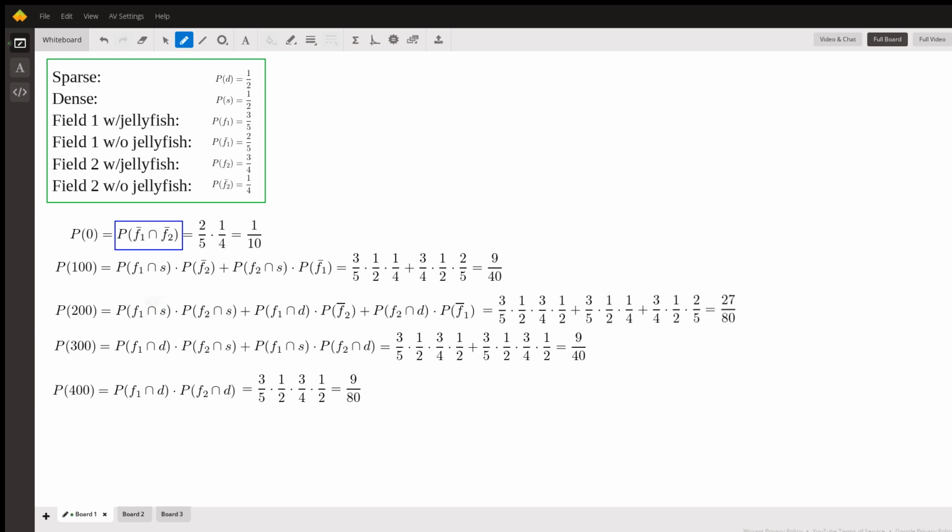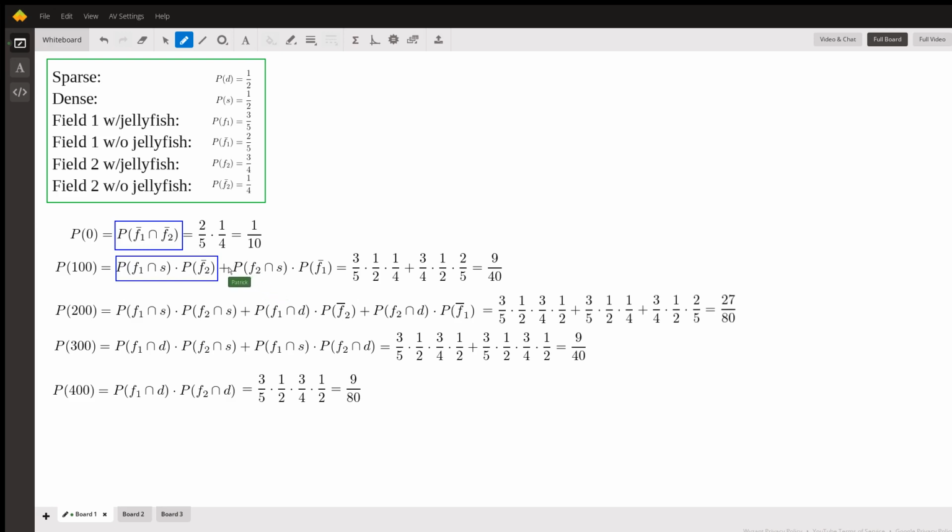Okay, how can we make 100? There's a couple different ways to make 100. If field 1 has jellyfish and it's sparsely populated, that would be 100. And then field 2 has no jellyfish. That's one possibility.